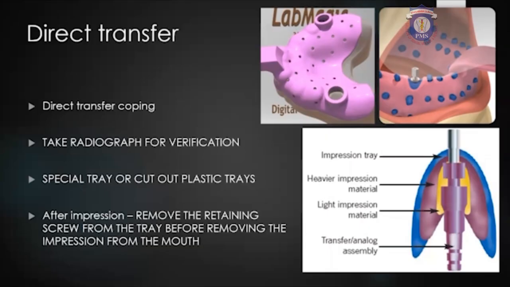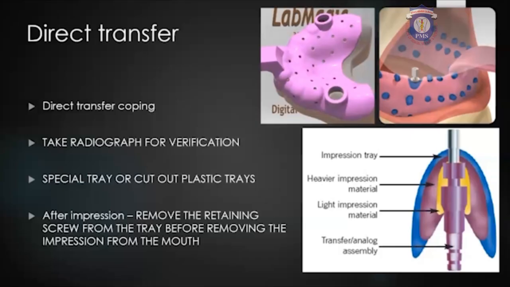Now the difference between an open tray and a closed tray is that before removing the open tray impression from the patient's mouth, we need to unscrew the screw which connects the impression coping to the implant through the tray.